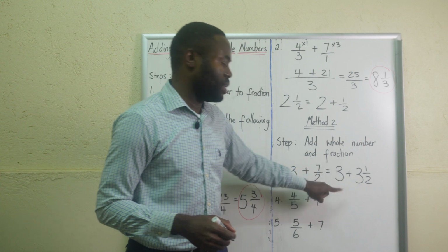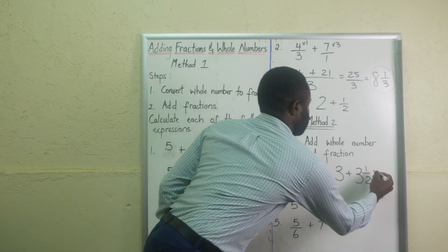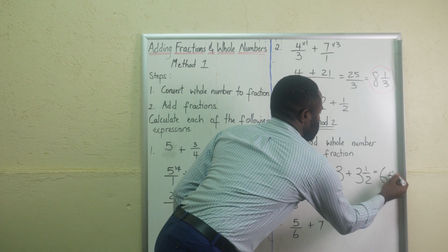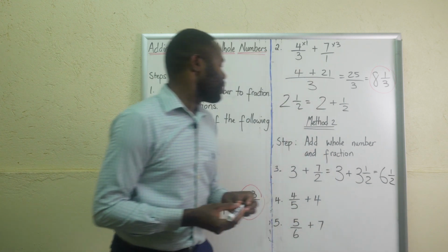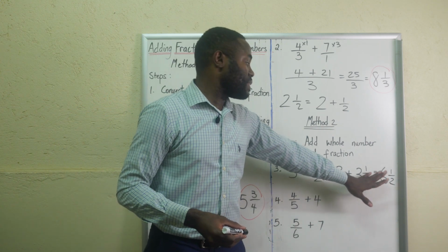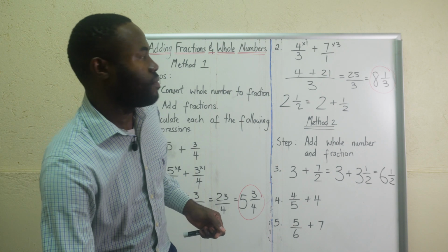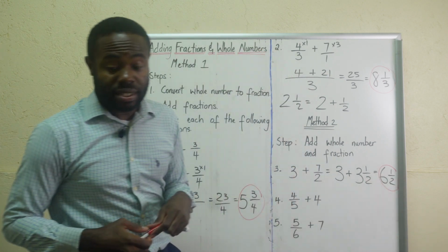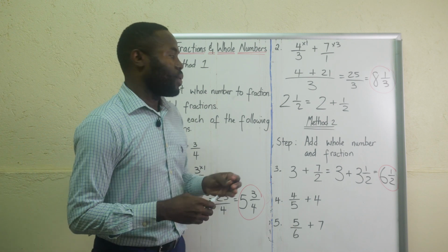So it's 3 plus 3, that will give us what? 6. And then put back our common fraction, which is a half. So 3 plus 7/2 is the same thing as 6 1/2. So let us circle our answer again, which is 6 1/2 in that question.